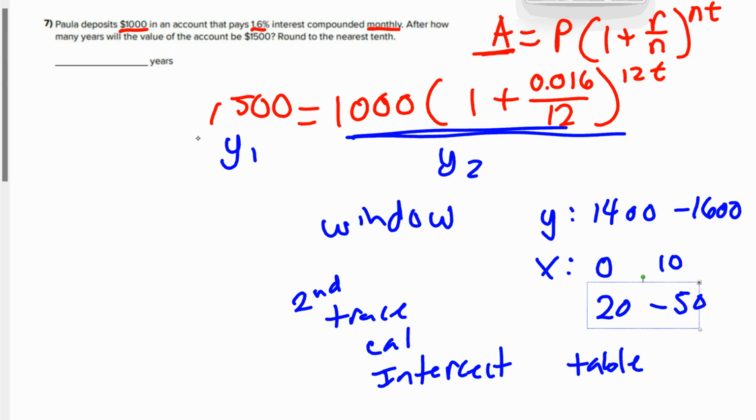You could look at your table, and we see that we get about 25 years, and it says round to the nearest tenth, so that'd be 25.4 years it's going to take in order to reach that 1500 amount that we want in our account.